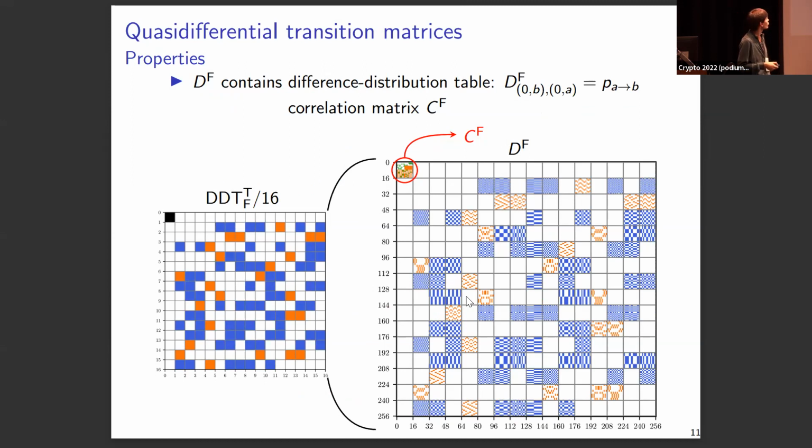The top left elements in each of those are going to be the probability of the differential. And then if you take differences equal to 0, you get this correlation matrix. If you're familiar with linear cryptanalysis, that's a very important object there.